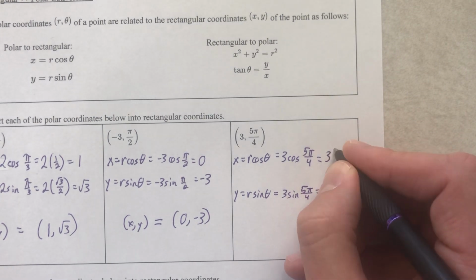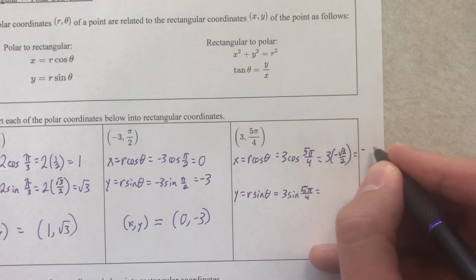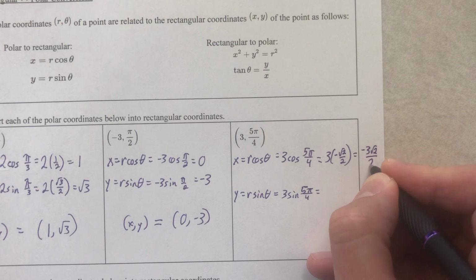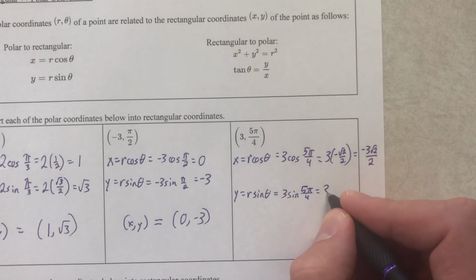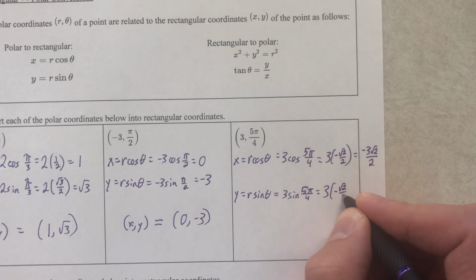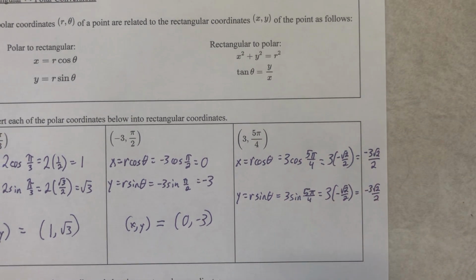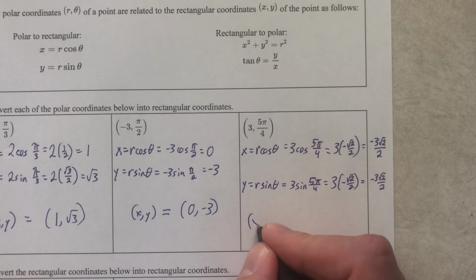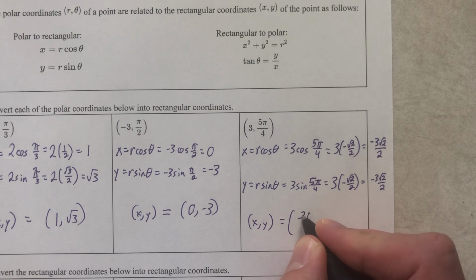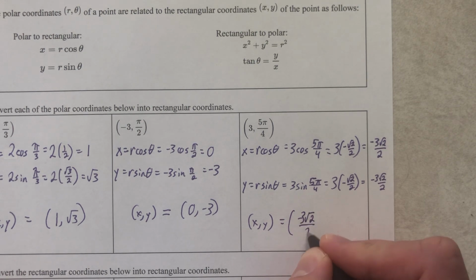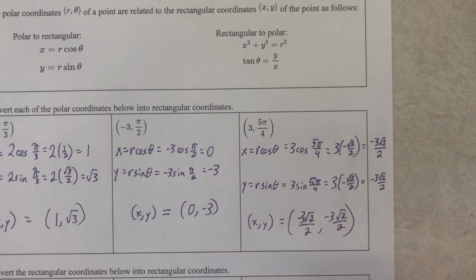So 3 times negative square root of 2 over 2. So this is negative 3 square root of 2 over 2. All right, sine is going to be the same at this place. It is also negative square root of 2 over 2. So negative 3 square root of 2 over 2. If you need to draw the unit circle in your head, at least, do it. And so my xy value for this one is negative 3 square root of 2 over 2, and then same thing, negative 3 square root of 2 over 2.